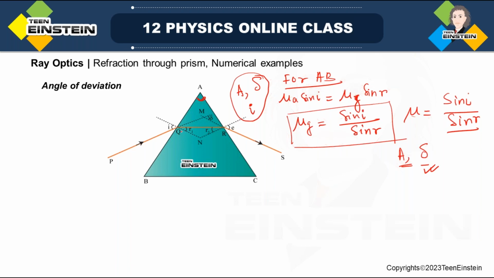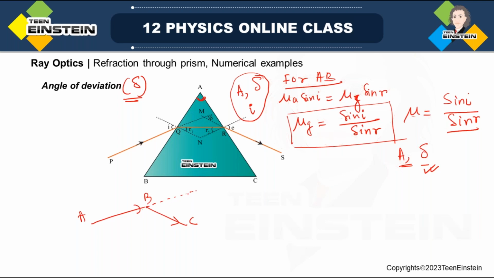So what is this angle of deviation? The angle of deviation is denoted by delta. What is deviation? Deviation means, suppose my light is coming like this. If it goes like this now, let us say this is A, this is B, this is C. So at the point B, the light got deviated. What is the angle of deviation? The angle of deviation is measured with respect to the incident ray.